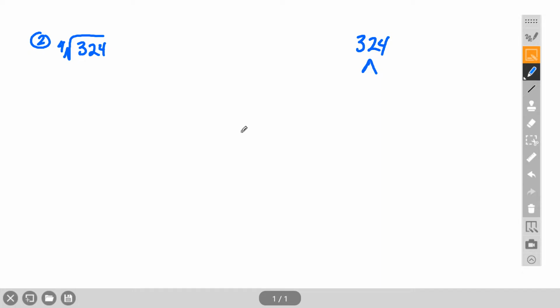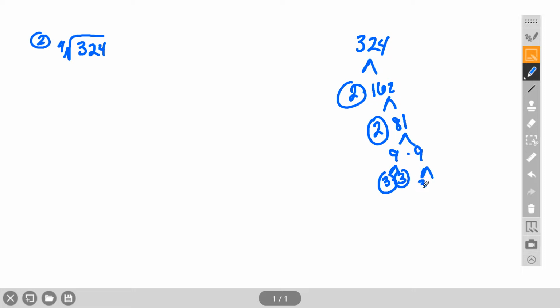I know that 2 multiplies 162 times, and then 162, that's 2 times 81. 81 is 9 times 9, and each of those break up into 3 times 3.